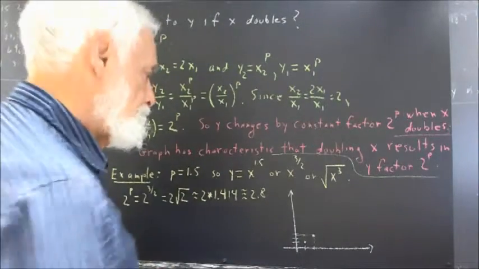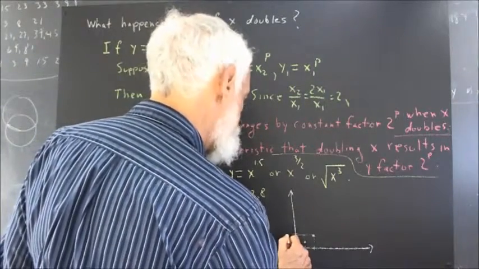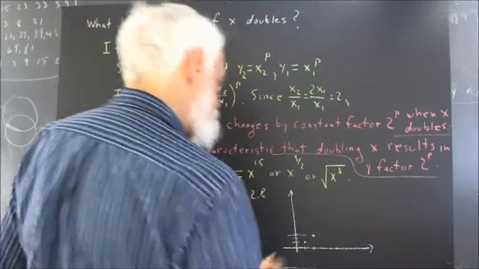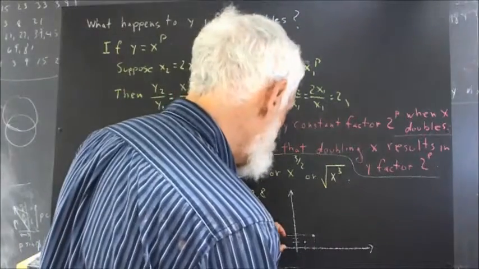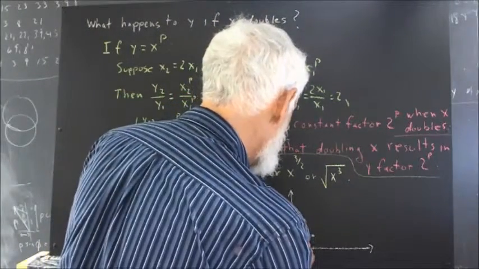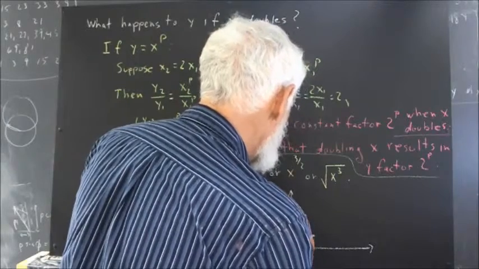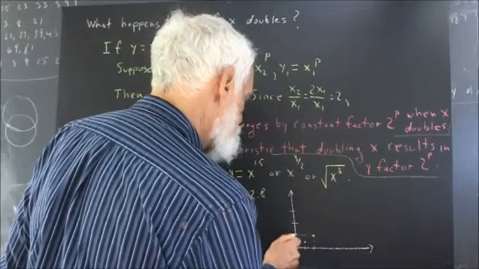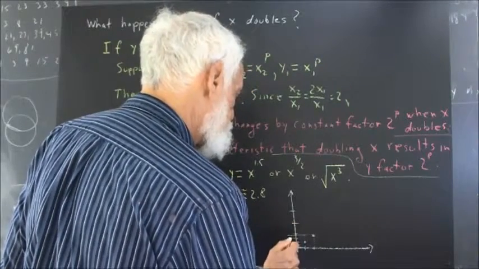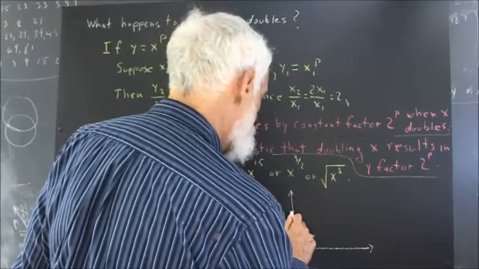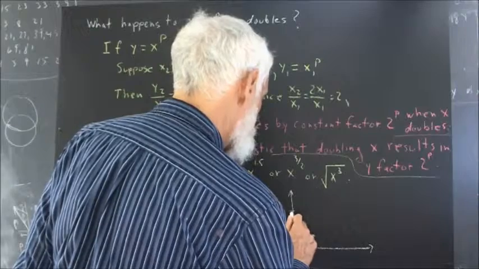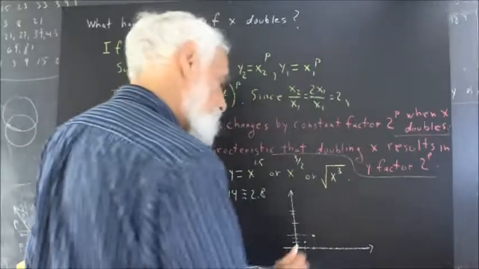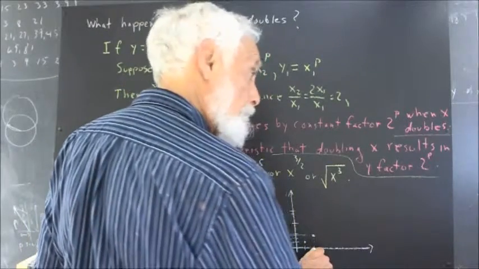Our next point, well, we take this value, and that value is about this much. We come up here, and this is twice as much as this value. This is 3 times as much. 2.8 times would be about here. And we're going to double x.